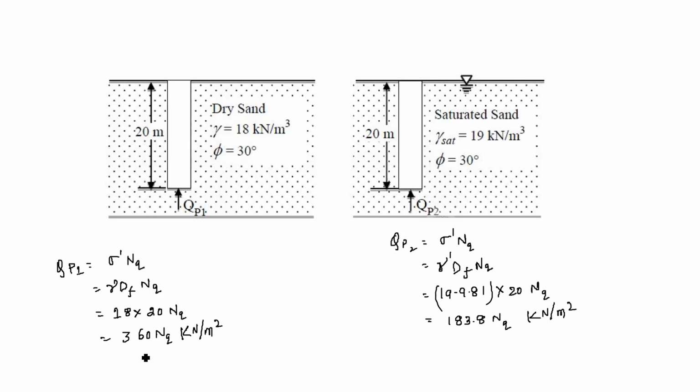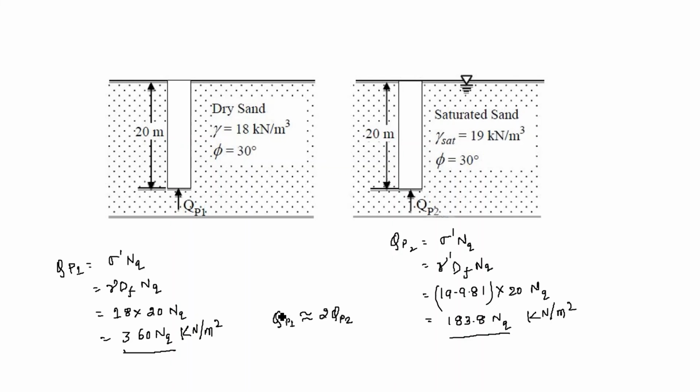Now when we compare Qp1 and Qp2, it can be observed that Qp2 is almost half of Qp1, or we can say Qp1 is almost twice of Qp2.